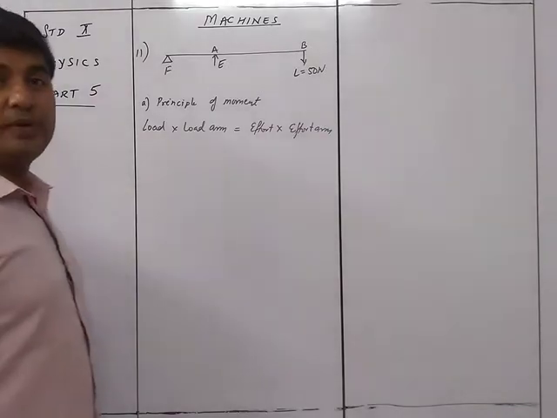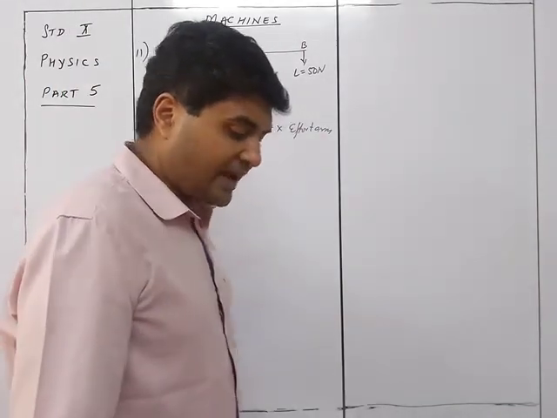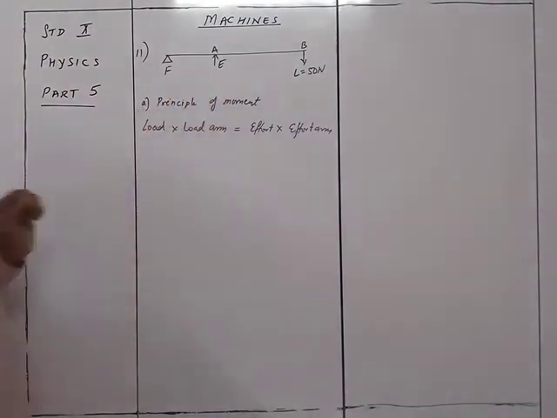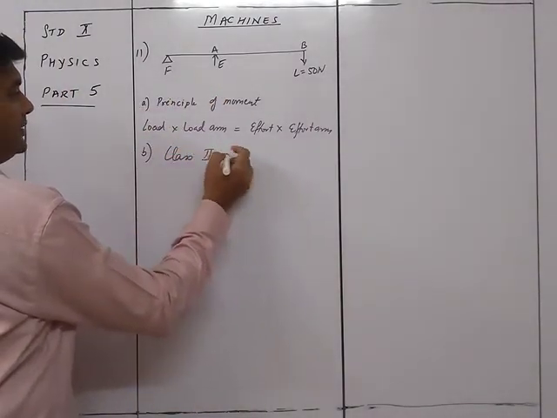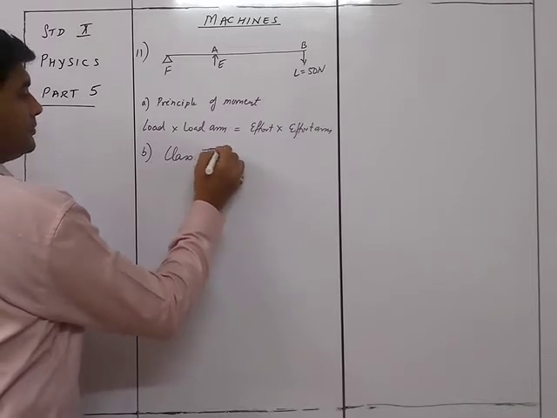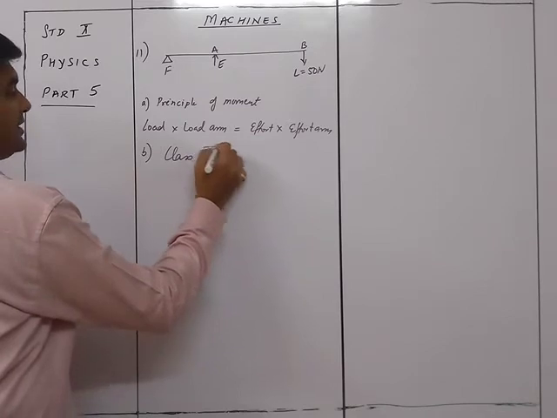Because it is with respect to the lever, we are not talking about just the principle of moments. To which class does it belong, with effort being in the middle? So that's why it is a class 3 lever.